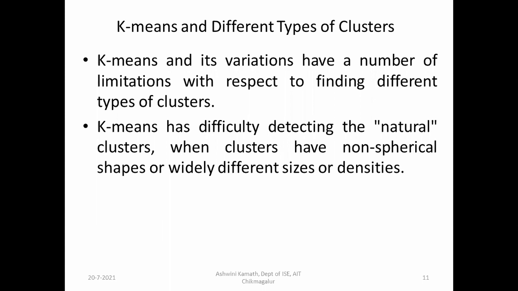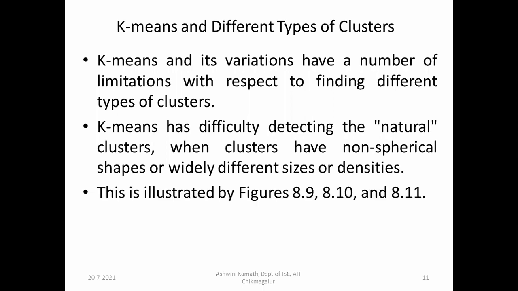And when the clusters are of different sizes or different densities, then also it is difficult to detect the natural clusters. This is illustrated by figures 8.9, 8.10 and 8.11, in the next slide.